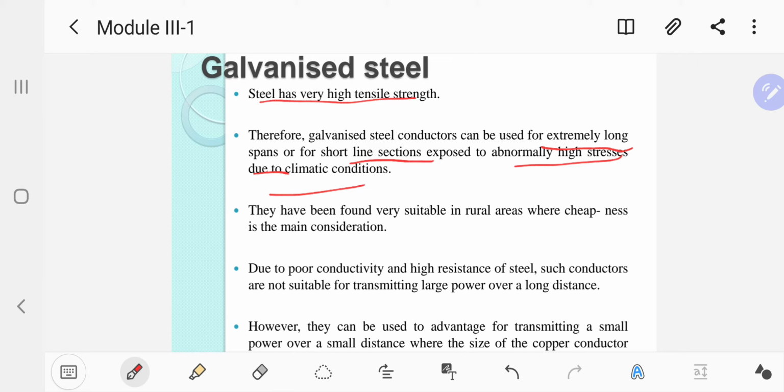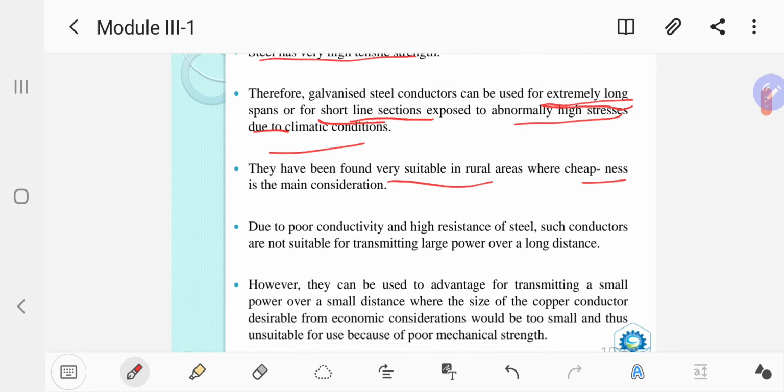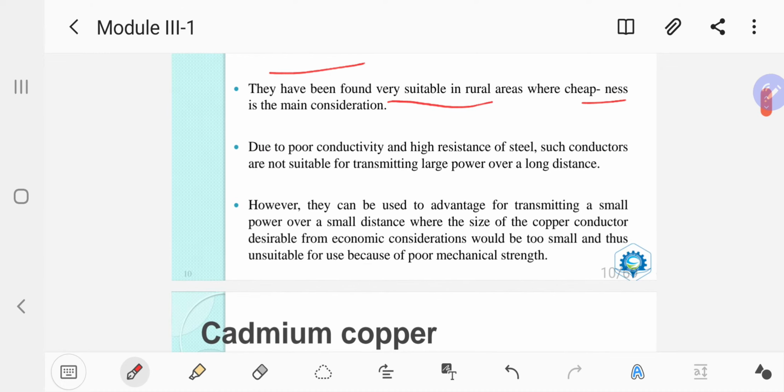It is also very suitable for rural areas because it is very cheap. Due to its poor conductivity and high resistance, steel is not normally used for transmitting large power along a long distance. So for long distance transmission, normally we go for ACSR, but still for some rare cases we will go for this galvanized steel.